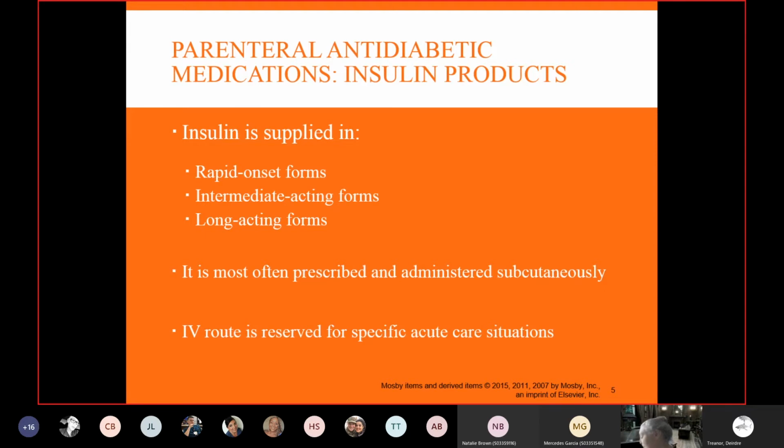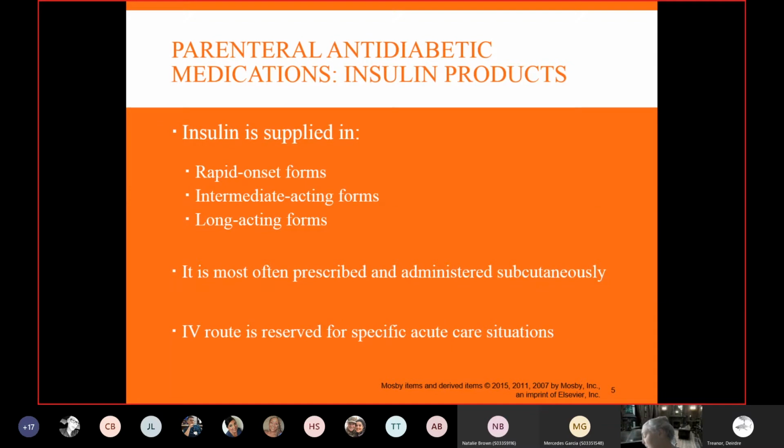Or if you have an anticipated elevation in the near future, such as after a meal. For instance, you may take your glucose and it's 435. Well, then you definitely want to give yourself rapid insulin to bring it down quickly. If you're sitting down to lunch and you check your blood sugar, some people will adjust based on the carbs that they eat, so they'll give themselves rapid acting.